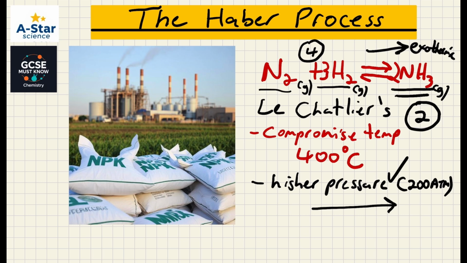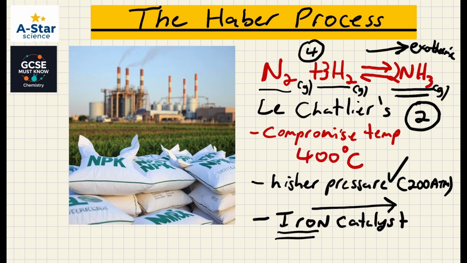Now, how else can we increase the rate of reaction? We know that we can use a catalyst because catalysts speed up the rate of reaction. So in this case, for the Haber process, an iron catalyst is used. Remember, we use transition metals like iron, platinum, and nickel for catalysts.